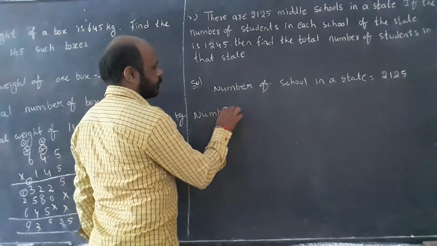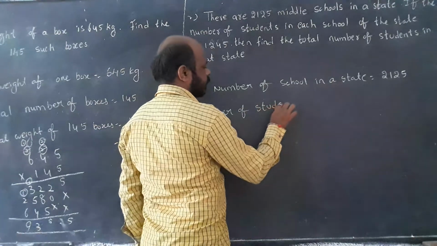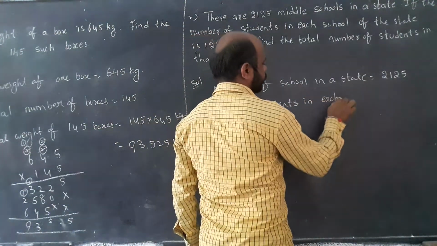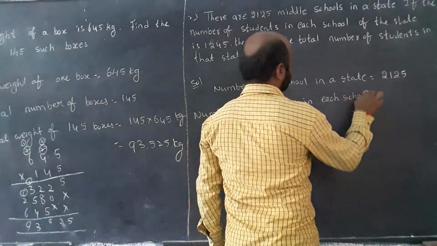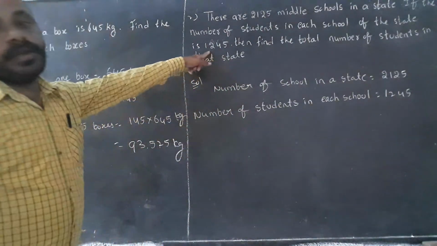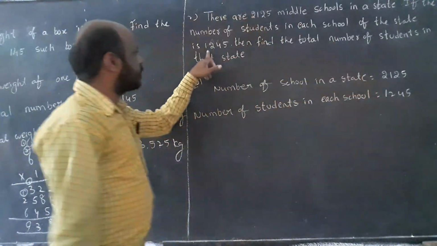Number of students in each school, he gave 1245. Total schools I wrote, the number of students I wrote.